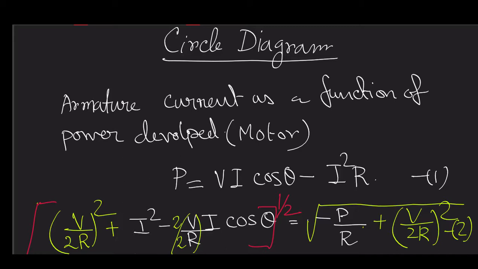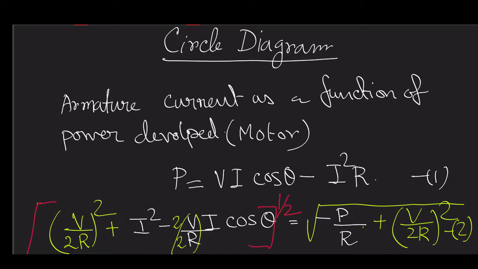Now let us analyze it. V by 2R is what? Its nature is the nature of current, and it is in phase with your supply voltage V, and expressed in ampere. The other term of this equation is also a current.